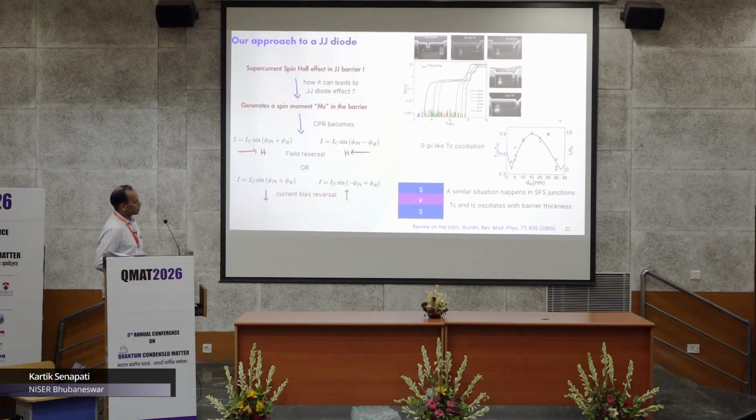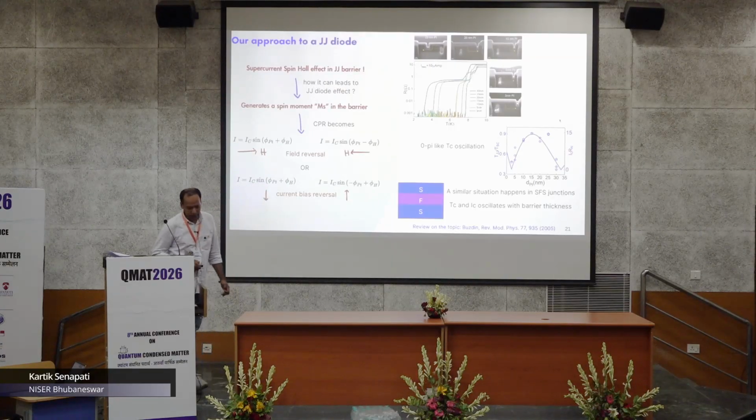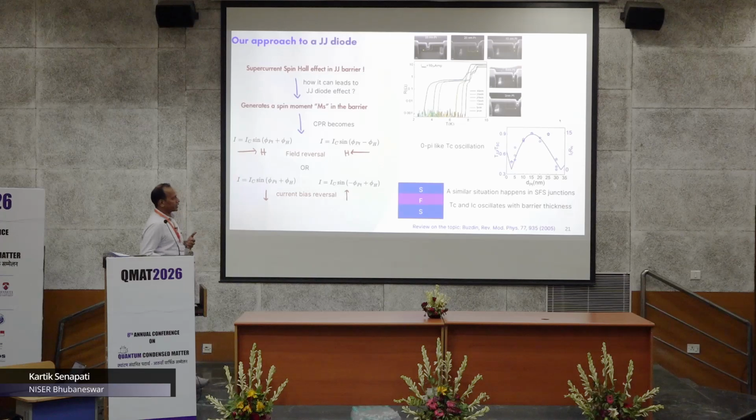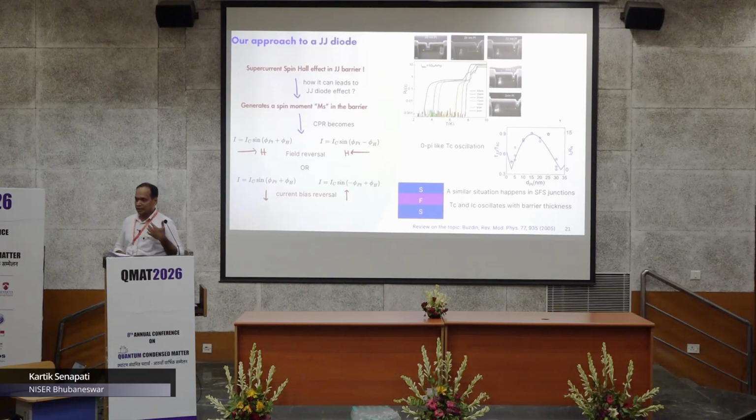Here in this case it is just the PT layer, which is non-magnetic, but we still see the so-called zero pi transition oscillations, similar to an SFS junction. I say it again, we are measuring a normal PT junction, but we are getting a response like a ferromagnetic junction. So that is saying that there is an effective moment in the PT layer. That is our sort of proof.